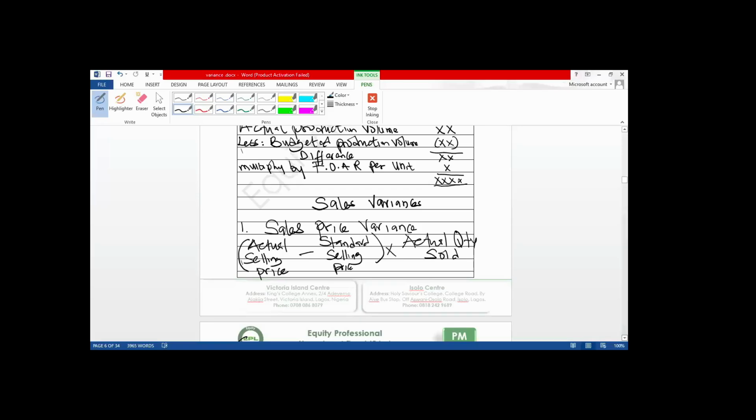Let's look at sales variances. When we say sales variances, your actual sales revenue is different from your budgeted sales revenue. Management will be interested to know. Our budgeted revenue is 10 million. We now achieve 9.5 million.